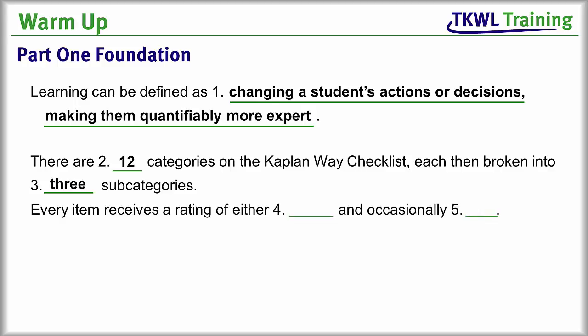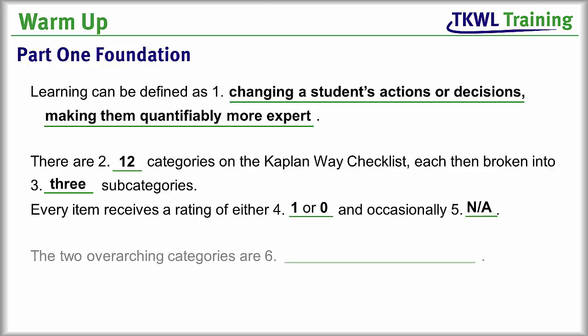The ratings are simply 1 or 0, depending on whether a trait appears at least 50% of the time or not, respectively. NA is very rare, but a possible rating. For instance, if a course is text only, the Category 6, Multimedia, would surely earn an NA.